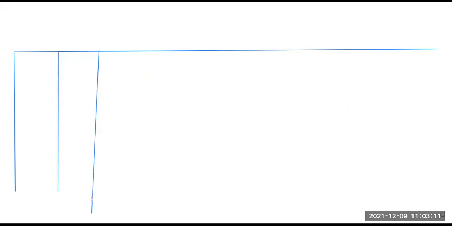First, this one is for the input response, then another input we have to draw here.